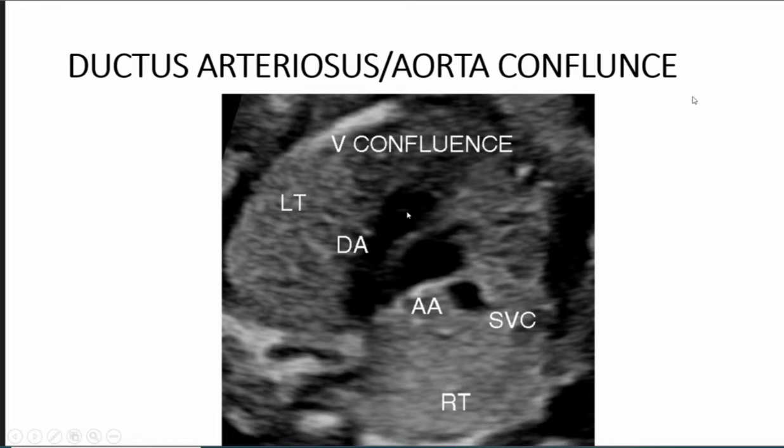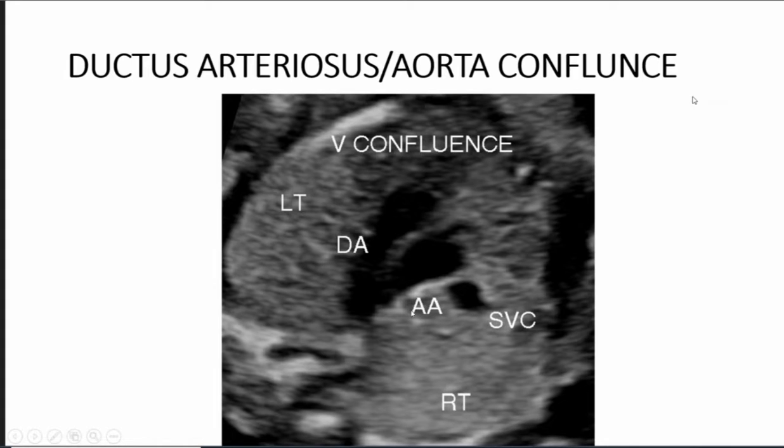So the pulmonary artery which is on the left continues as ductus arteriosus and stays on the left posteriorly. But look at the aorta which is on the right, sweeps towards the left and goes and meets the ductus arteriosus to the left of the trachea.